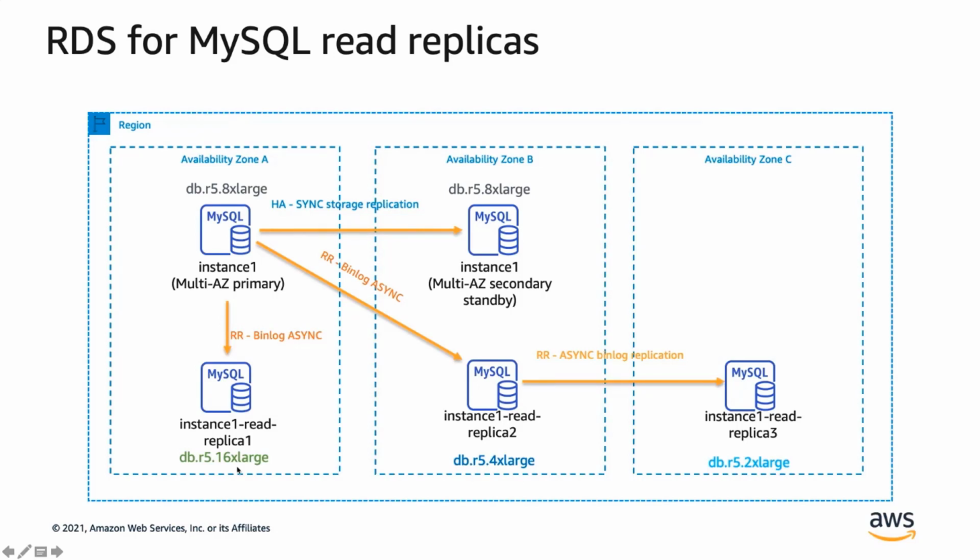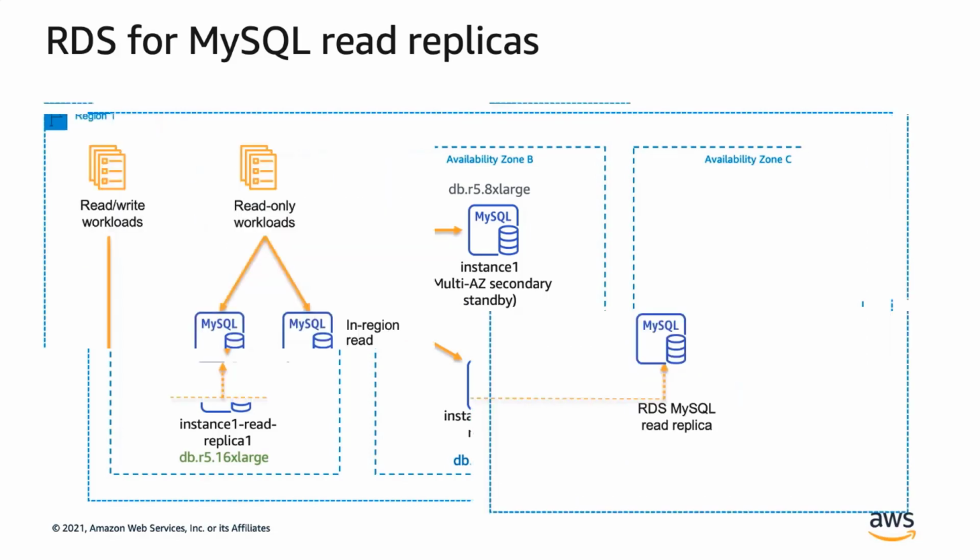So as you see here on availability zone A, I have an R5 16xlarge instance class. And then read replica 2 has a different instance class, and read replica 3 has a different instance class. So it depends on your workload and your use case. You can create different sizes of instance classes for your read replicas.